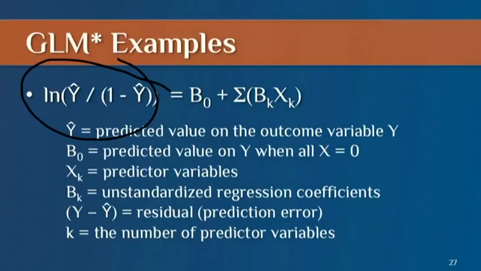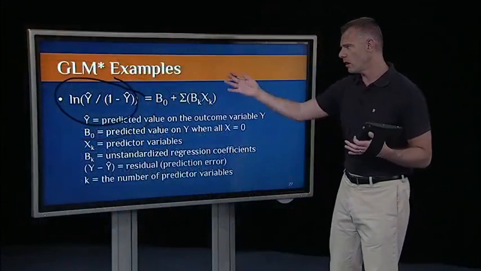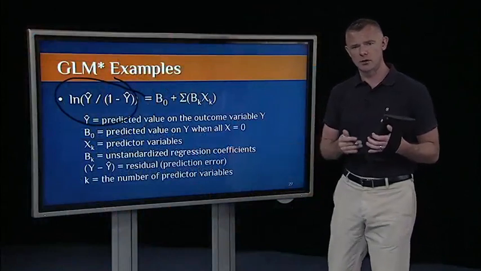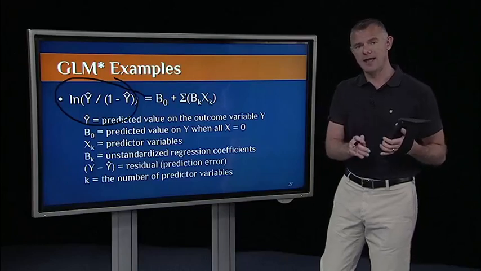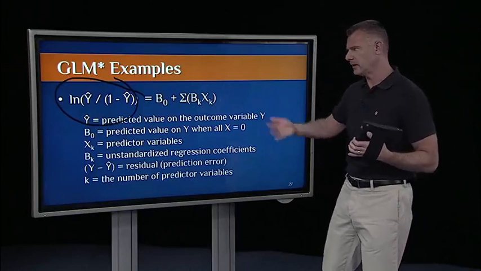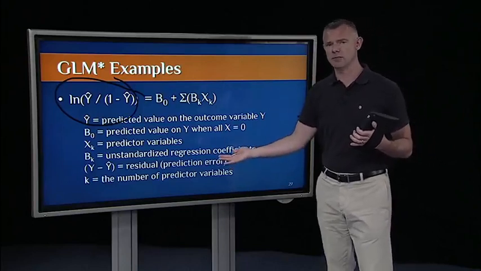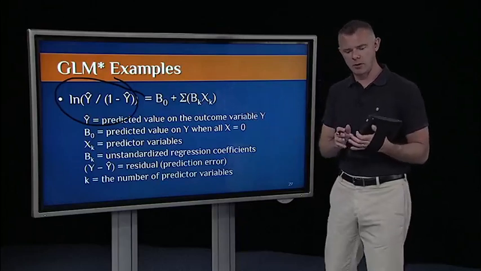In R, remember, the argument in the GLM function is called family, and we just put in family equals binomial. And by putting that into that function, GLM in R just did this for us. So the GLM star, generalized linear model, and the GLM function in R are very powerful and can test all sorts of regression models. Not necessarily linear, could be any kind of function we want.